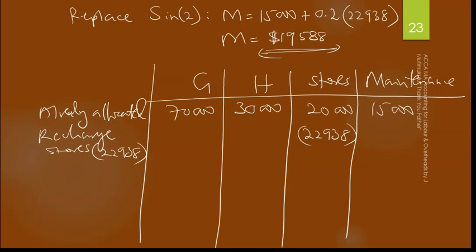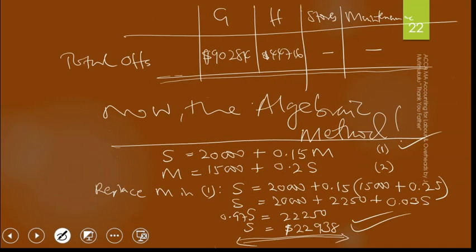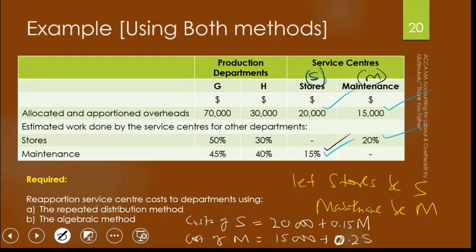Okay, that's going to be an extra amount, and that amount is 2,938. All right, so we put it there, don't worry. But let us apportion the 22,938 as it is using our apportionment percentages from the question.